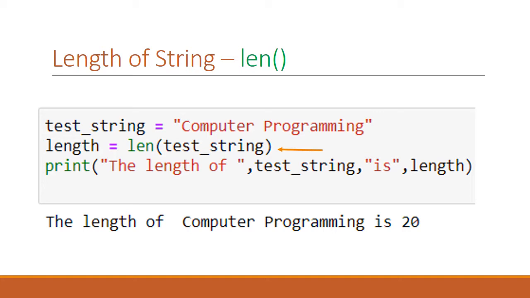So again, we have our test variable that we assign the value computer programming. Then we want to find the length of this string. We use the built-in function len and use our test string as a parameter. Calling this will return the length of the string. Then we print out the length of the string, and we see that the length of computer programming is 20.